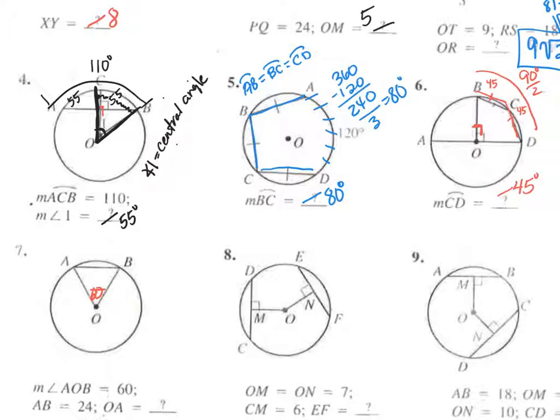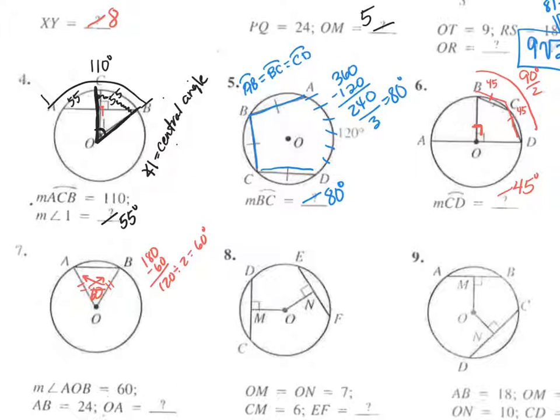That's 60 degrees there. Now, we also know that AO and AB are both radii of the same circle, so they're going to be congruent to each other. That means that we've got an isosceles triangle at least. So A and B must be equal angles. Angle O is already 60. So do you see what's going on here?